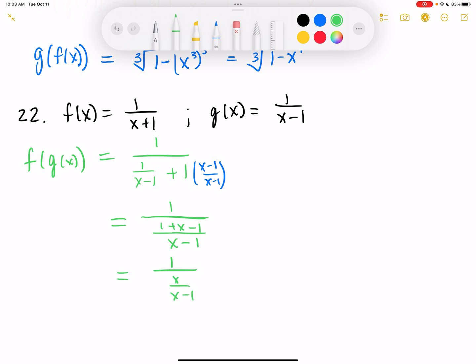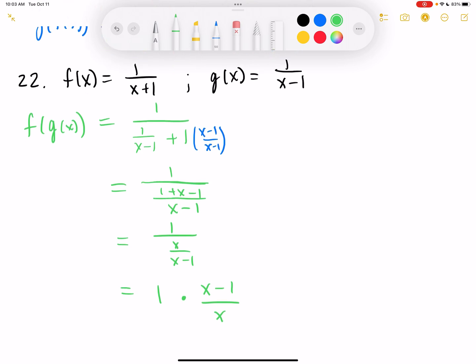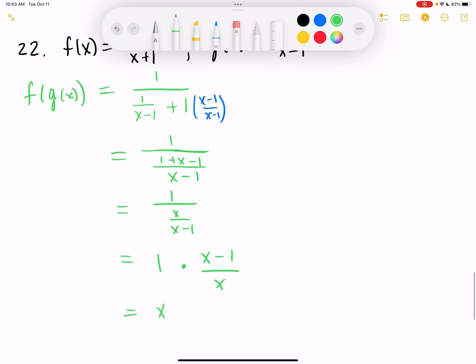Now what? What do I do when I divide by a fraction? You multiply by a reciprocal. So what is my answer? Hold up. Multiply by the reciprocal. Look, watch guys. 1 times x minus 1 over x. Okay, that's what I thought. So what is it? It is x minus 1 over x. Yay.